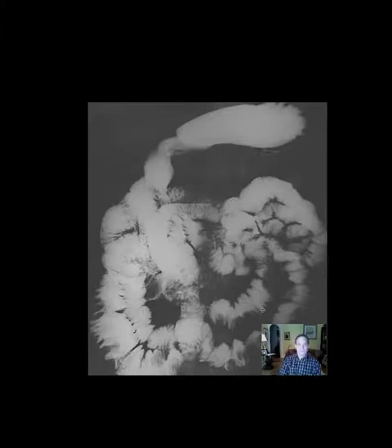In this case, these are multiple small bowel lipomas. They could equally be adenomas or polyps, adenomatous polyps, related to one of the adenomatous polyposis syndromes. They could also be small bowel metastases.